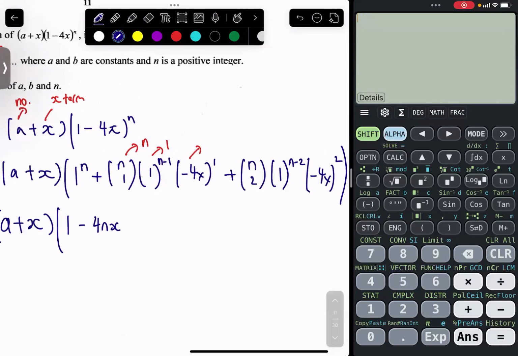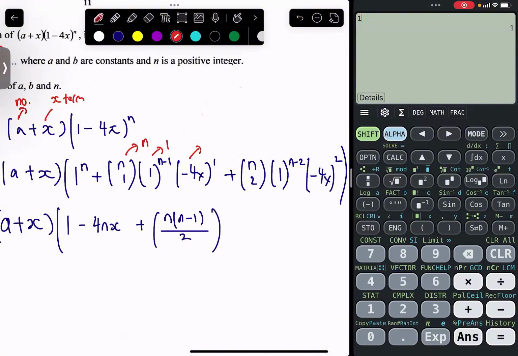Now n choose 2 is slightly trickier. This portion would be n(n − 1) over 2 times 1, which is 2.